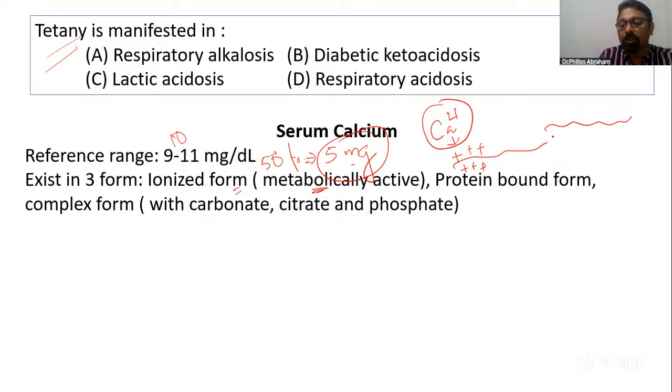Protein will have more negative charges, so more calcium will bind to it. When more calcium binds, the level of calcium in the blood reduces. Which calcium? Ionized calcium. So the patient will show some symptoms of tetany.